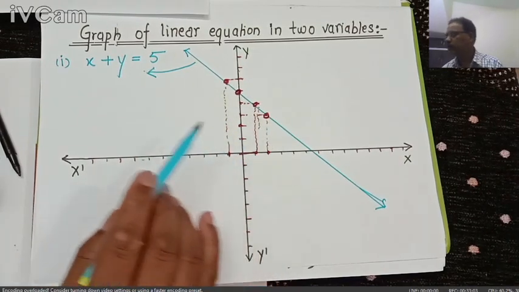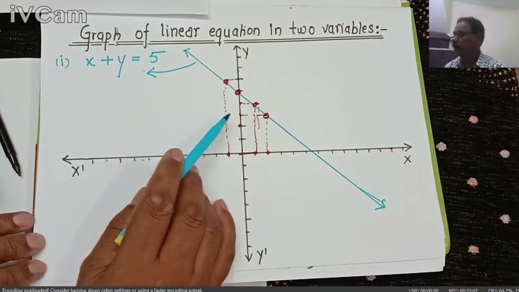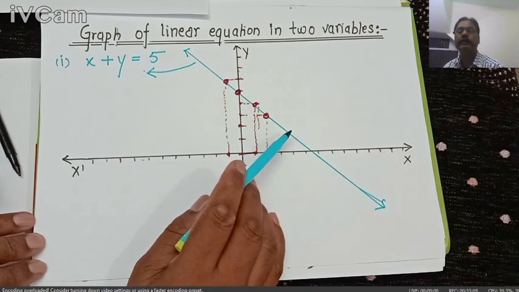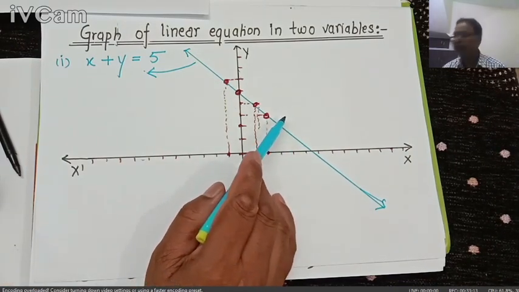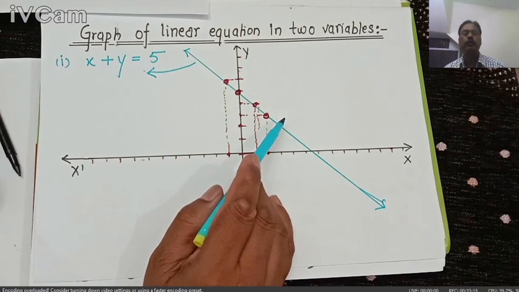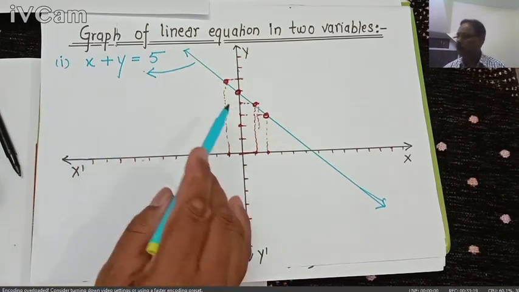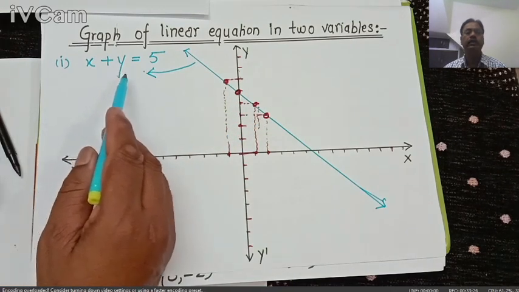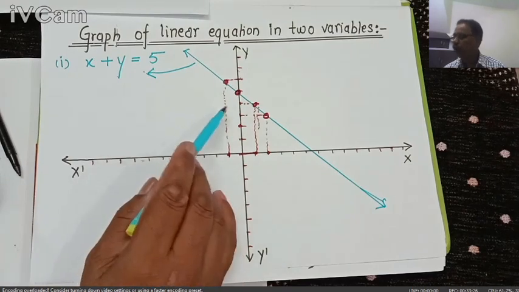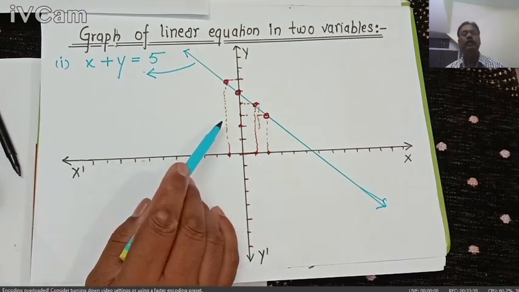After plotting, if you get any point which is not on the line, you will say that point is not a solution of this linear equation. All these points are the solutions, or roots, of this linear equation.